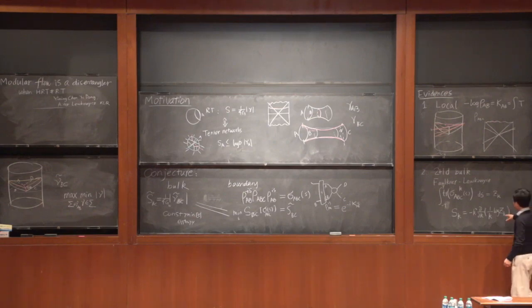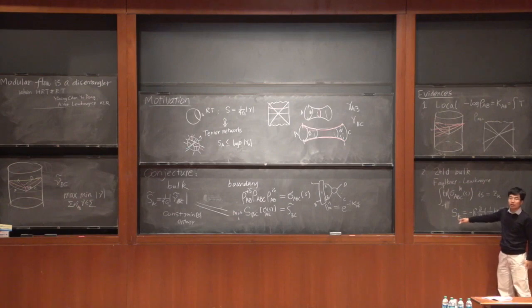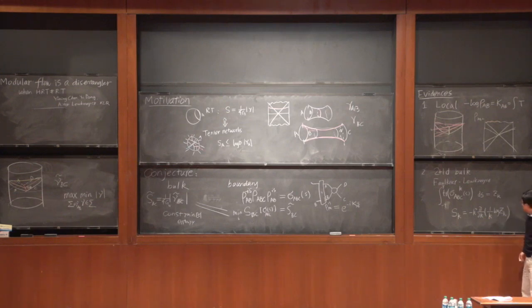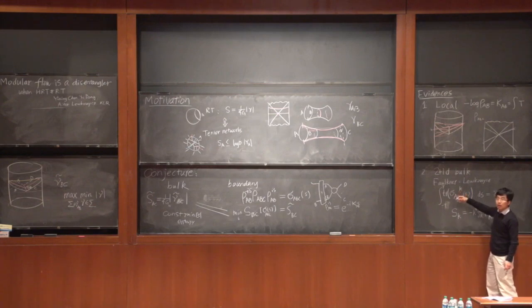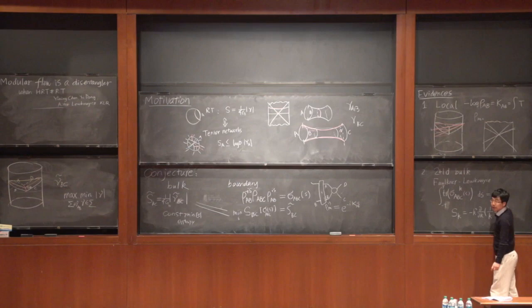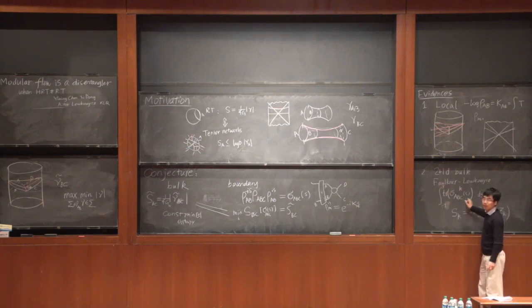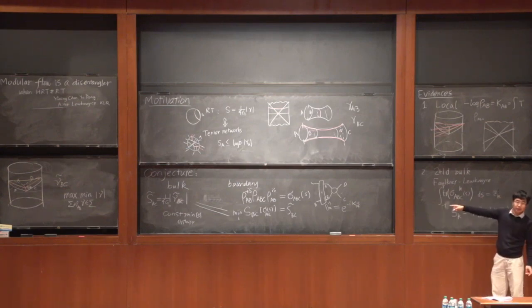This is just like going from a partition function to the thermal entropy. It's not the standard Rényi entropy, but it's like Qidong's version of the Rényi entropy. But it also approaches the von Neumann entropy when k goes to 1. If you don't have this modular average, you just get the von Neumann entropy. But here, for a finite Rényi index, this is an average over different modular parameters rather than the extremization.